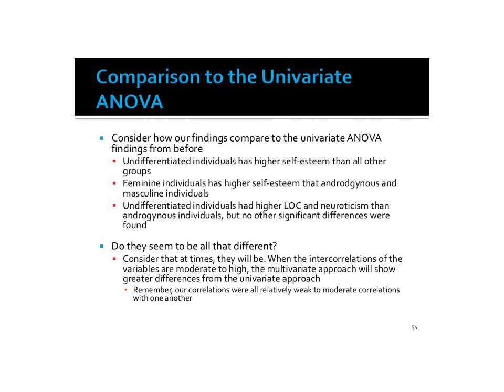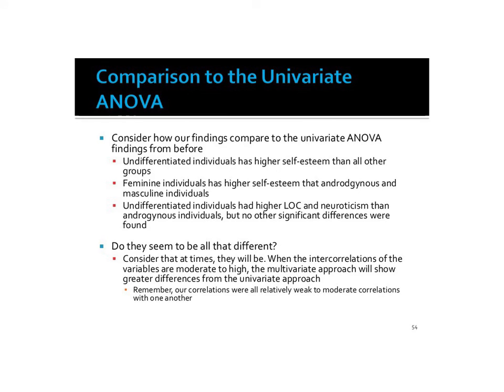As a quick comparison to those univariates that were earlier in the lecture, consider how our findings compared. Undifferentiated had higher self-esteem than all other groups. We saw that in the univariates. Feminine individuals had higher self-esteem than androgynous and masculine. We sort of saw that they fell in the middle and were closer to undifferentiated than they were to androgynous.